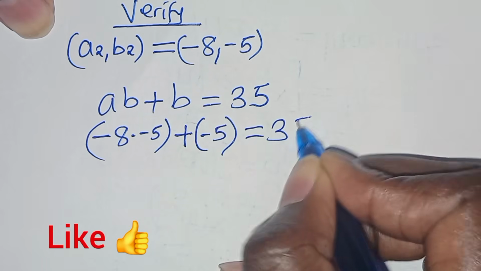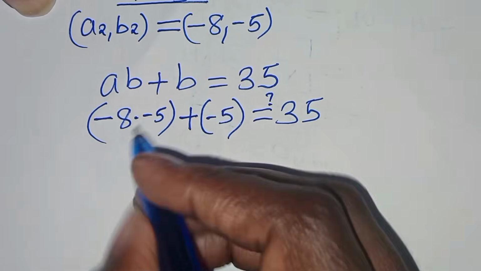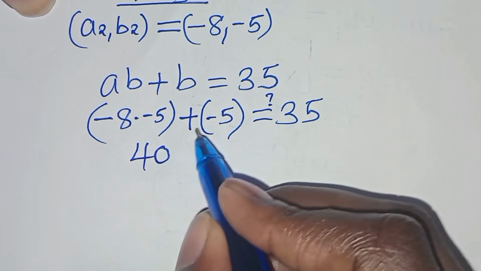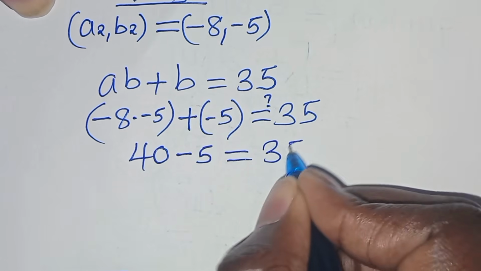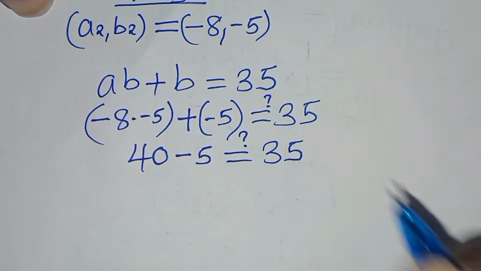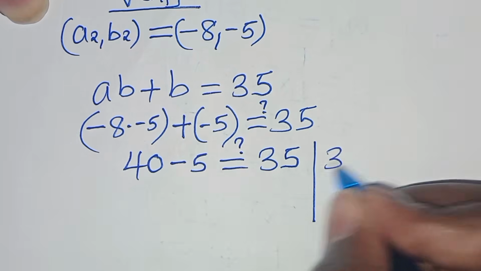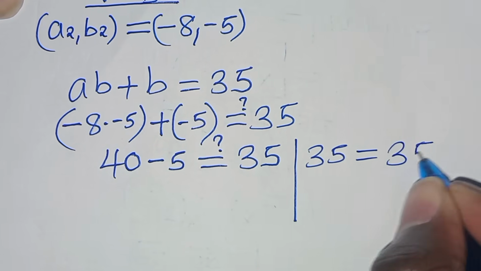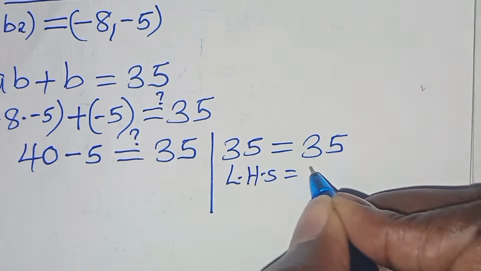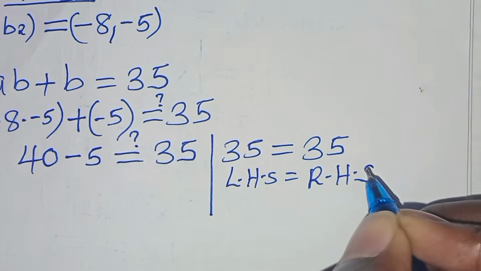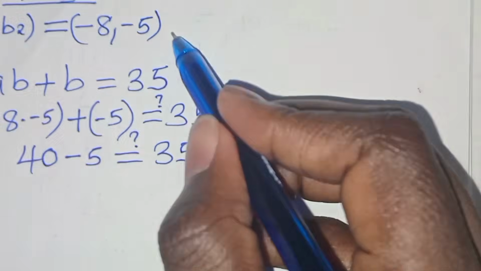So minus 8 times minus 5 is 40. Then plus times minus 5 becomes minus 5. And this implies that 40 minus 5 is equal to 35, which is equal to 35. Therefore, the left hand side is equal to the right hand side, and this implies that A2, B2 satisfies the equation.